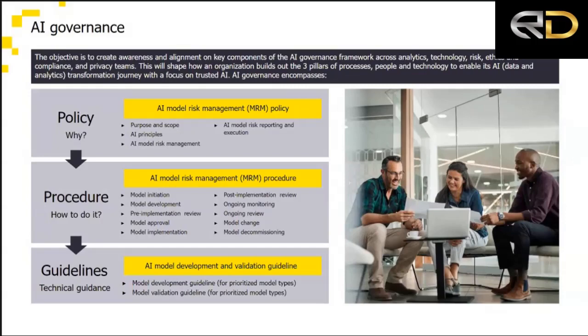AI governance promotes transparency, fairness, accountability and data privacy in AI use. It helps with the emphasis on human oversight at critical decision points involving AI use. And overall, AI governance is going to align AI use and development with the established standards and regulations that we have.